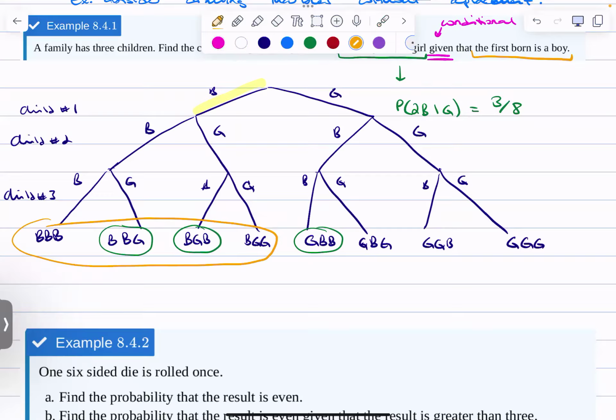So if you wanted to, we could talk about the probability that the firstborn is a boy, that would be all of these 4 out of 8, right? Which of course maps back to 0.5 or 50% because that is what we're assuming the probabilities are anyways.